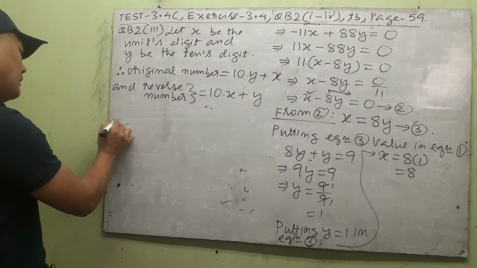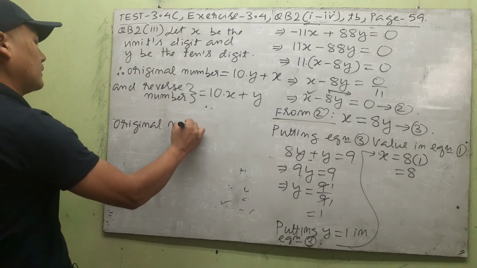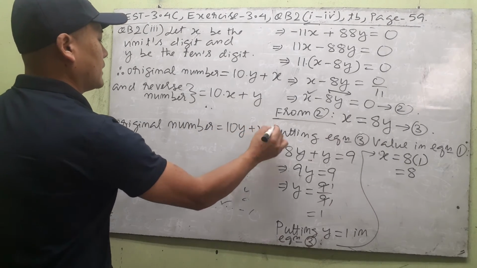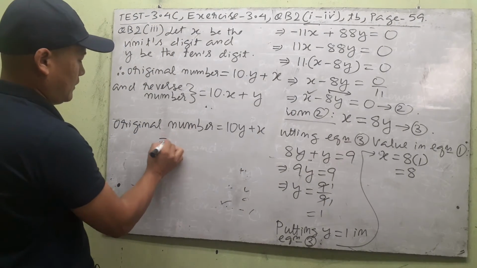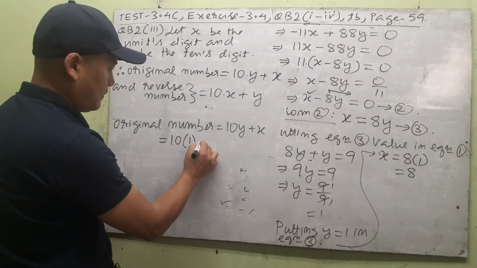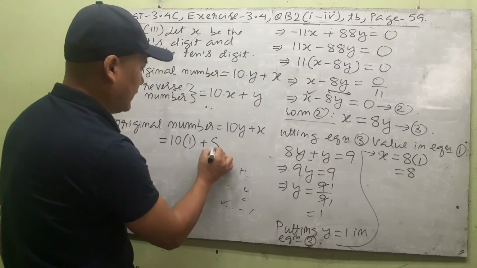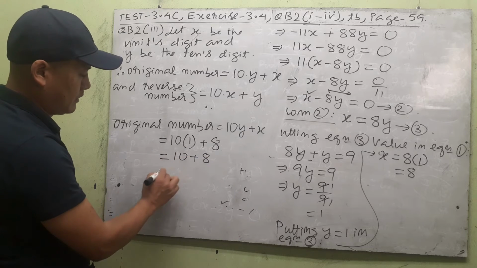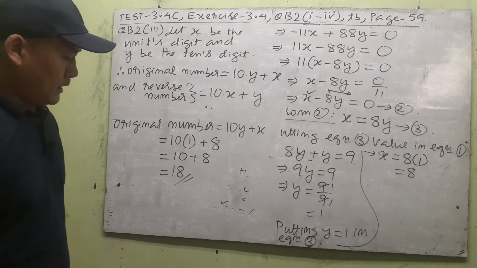The original number is 10y plus x. So 10 into y, which is 1, plus x, which is 8. 10 ones are 10, plus 8, so the original number is 18.